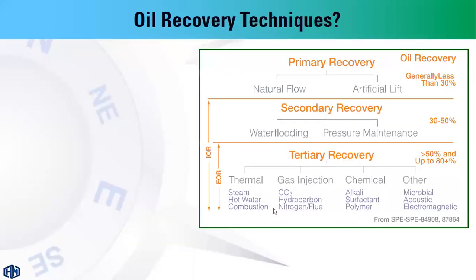To highlight the comparison between the oil recovery techniques, basically in the primary recovery, we have plus or minus 20% of the original oil in place recovered. Typically, we have natural flow or any artificial lift system in the wells. For the improved oil recovery techniques, we have secondary and tertiary recovery techniques.